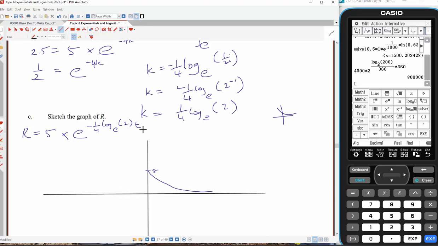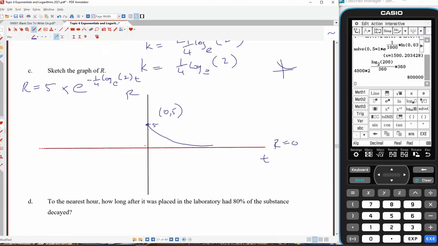So it goes along there, running along that line. This is the R axis and this is the T axis. This is when R is equal to 0. There's our asymptote. So that is 0, 5, etc.